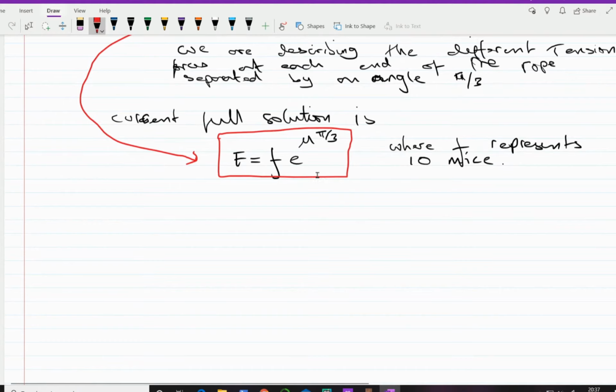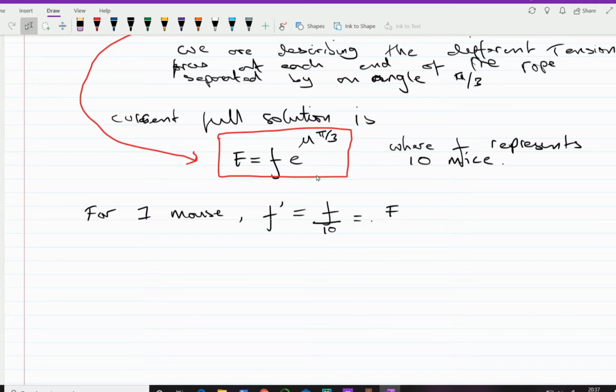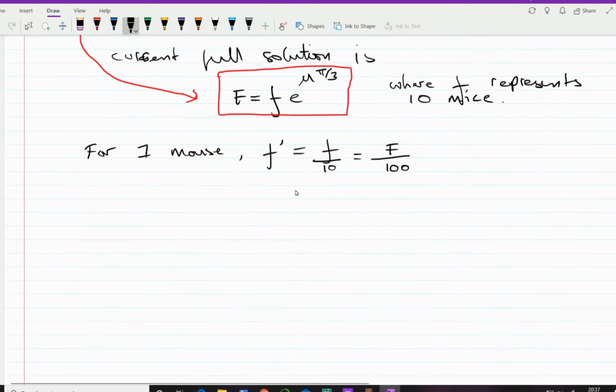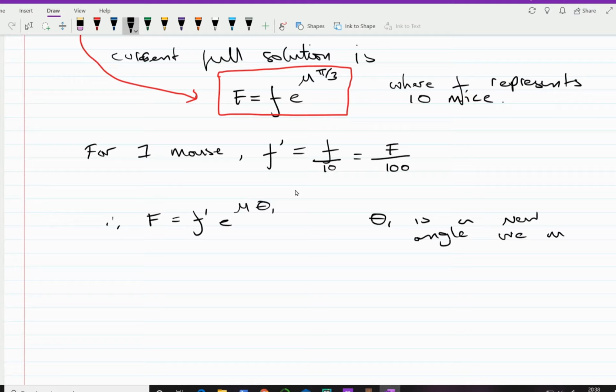So I'm going to make a second expression which represents one mouse, where the force of the cat stays the same, but the force from one mouse, which I've called F dash, equates to F, the force of the cat, divided by 100, because one mouse is 1/10 of 10 mice, and that would equate to 1/100th of a cat.